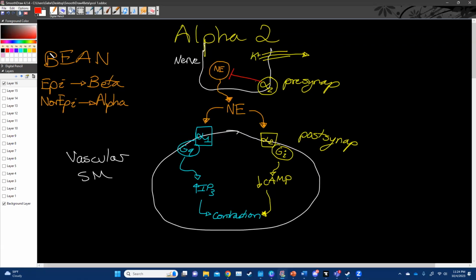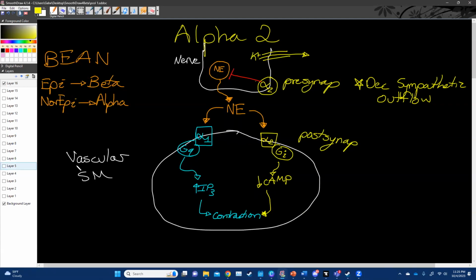So what is the function of alpha-2? The function of alpha-2 is to primarily decrease sympathetic outflow, decrease fight or flight. It wants to prevent tons and tons of norepi activating everything everywhere.